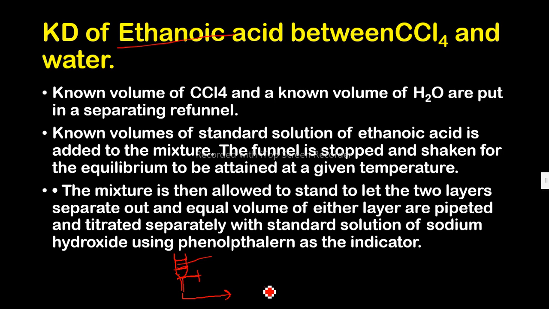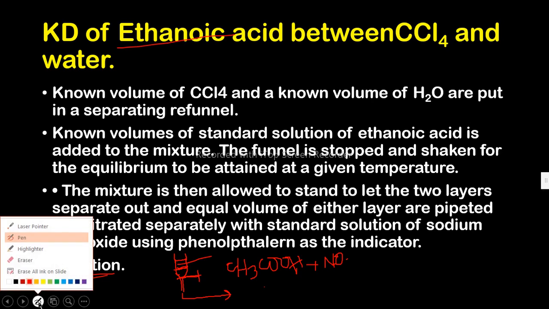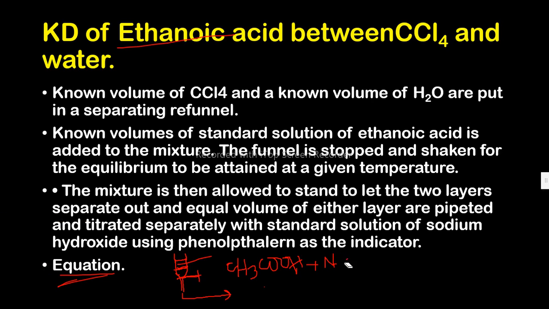After determining the amount of ethanoic acid in both layers, using the equation, you use the mole ratio. Let's write the equation because it is important. This will be our ethanoic acid, and it will react with sodium hydroxide. Let's erase a bit.